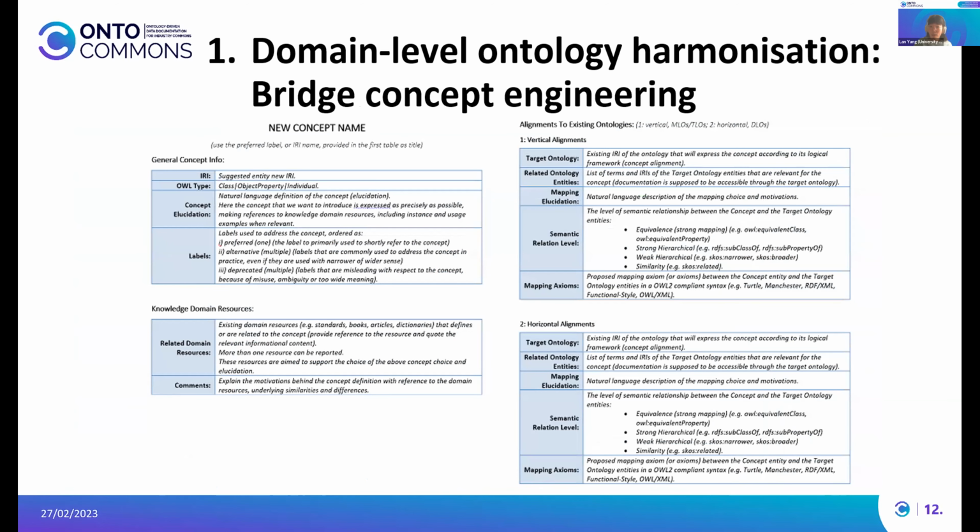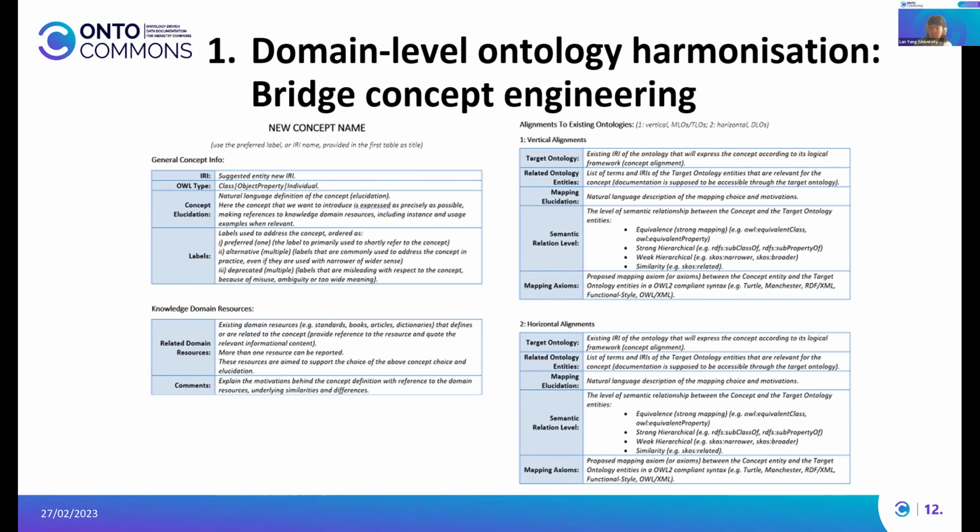And the next thing I want to briefly introduce is the bridge concept. So after we identified the existing domain level ontologies in the 5 focus areas, we tried to align some of them using the bridge concept. And this template is used for bridge concept engineering. So basically it tells the information about the concept, and it presents the concept elucidation.